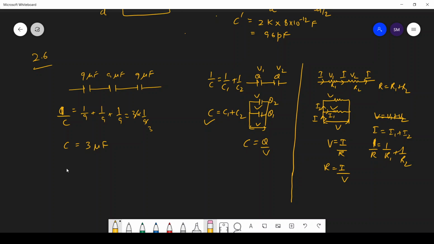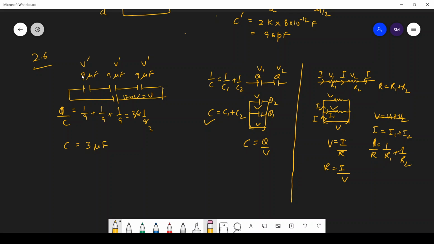Now we need to tell that it is connected with 120 volt supply. So this will be divided equally, right? So let the potential drop here be delta V, delta V, delta V, or you can write V also, or V dash. If you are assuming this as V, then this is V dash.